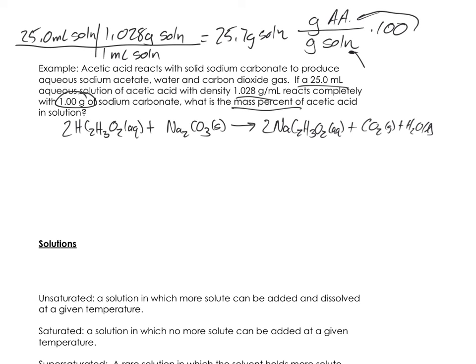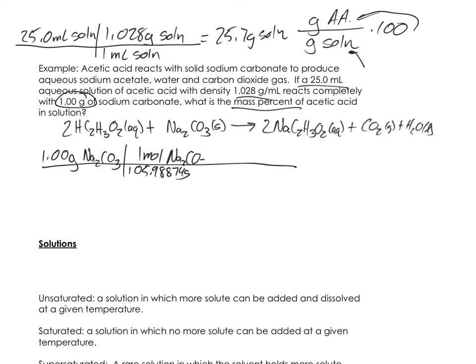Now, dimensional analysis. I need to determine how many grams of acetic acid I have. So I start with my grams of sodium carbonate. Use my molar mass to get into moles. So for every 105.98874 grams, I have 1 mole sodium carbonate. For every 1 mole sodium carbonate, now I'm going to go into the common core. I need 2 moles of acetic acid.